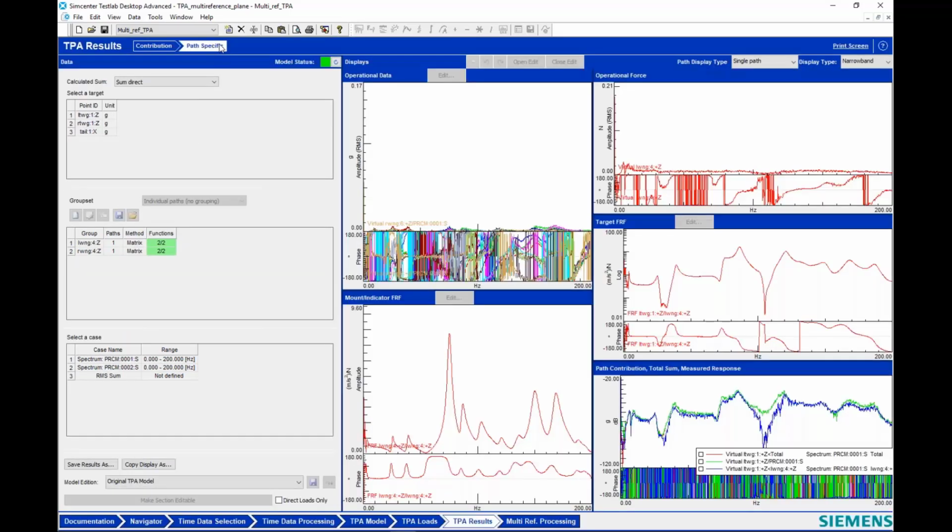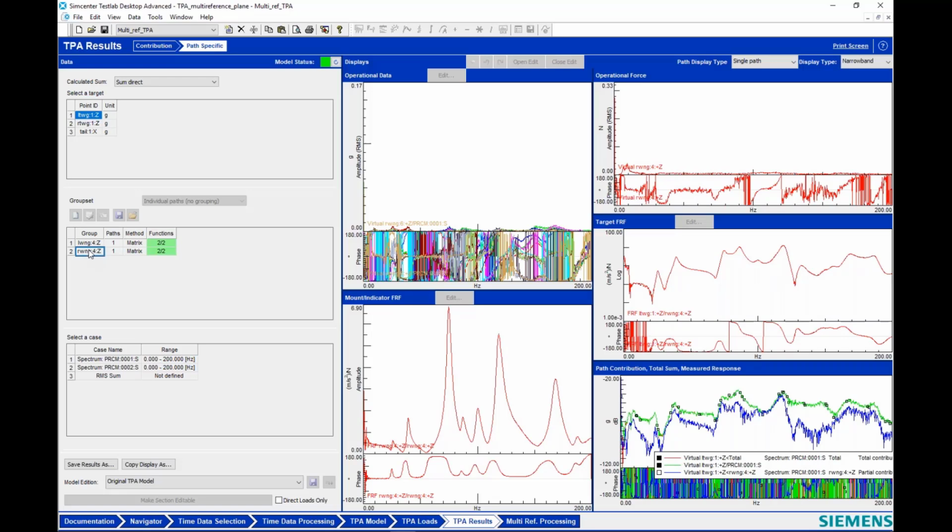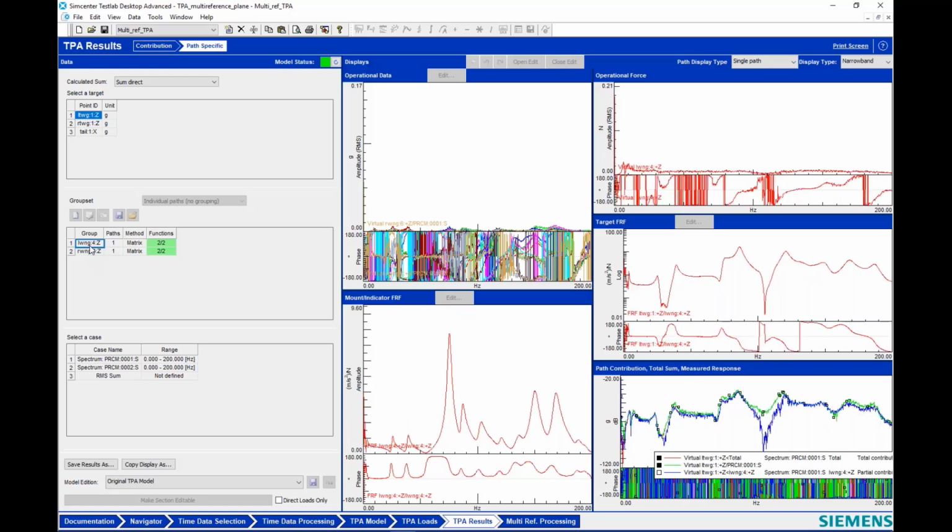If I look at the path specific results, and at my first target, down in the lower right is the measured data in green and the total contribution in red. The contribution to left wing 4 is the blue curve, and I can look at the contribution to right wing. I can see here that the total contribution and the measured data are very close.